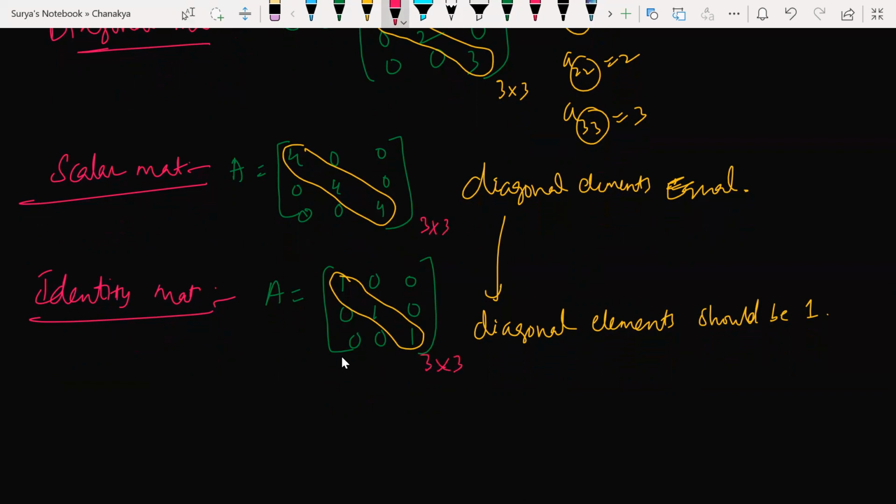Now tell me, can an identity matrix be a scalar matrix? This is a 3 by 3 matrix, and this is also a 3 by 3 matrix. Of course, yes. Diagonal elements will be the same. But can a scalar matrix be an identity matrix? If the scalar matrix has 1, it will be an identity matrix.